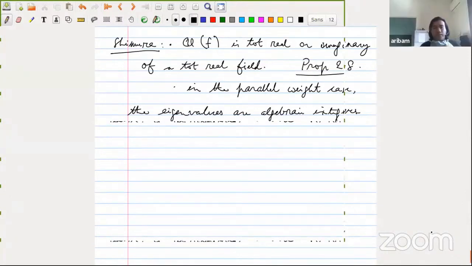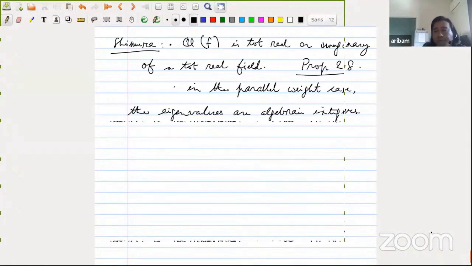And I have a general question. What are the things that you especially get for Hilbert modular forms that you may not get for automorphic forms?